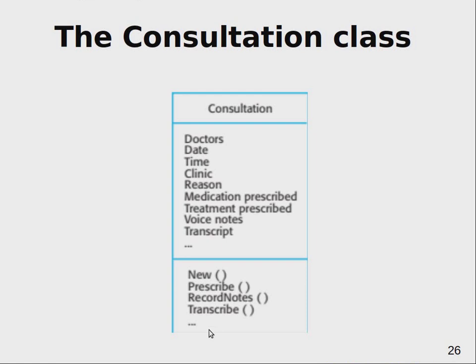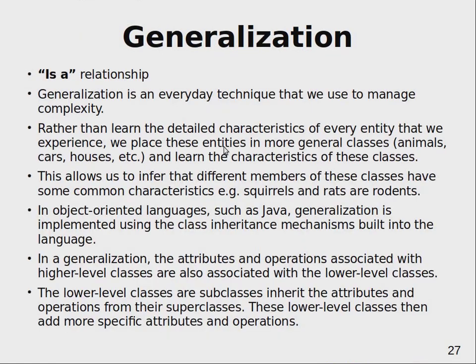And then here you say what this object can do. For example, you can create a new consultation, you can create a new prescription, etc. And then what is important about the object-oriented approach is that you can extend your data structures or use simpler data structures to create more complicated data structures.